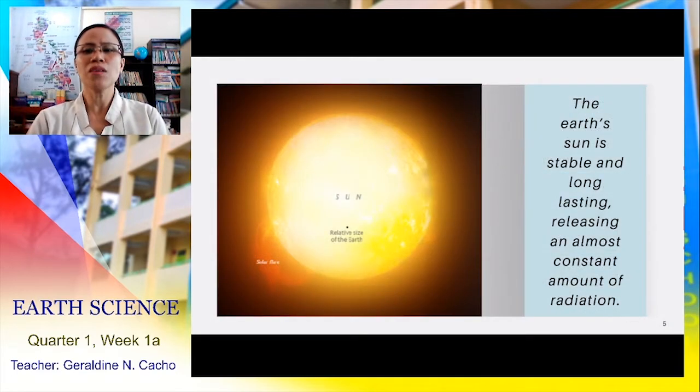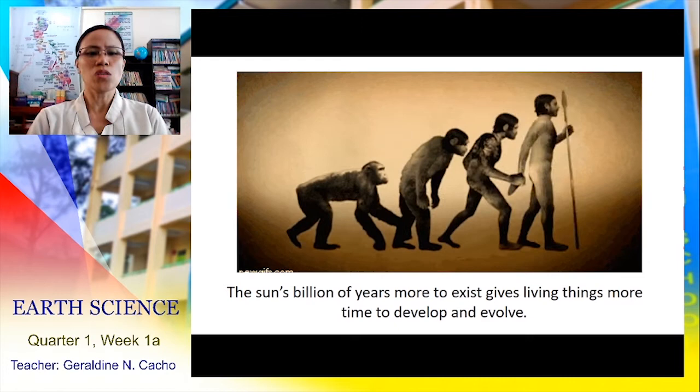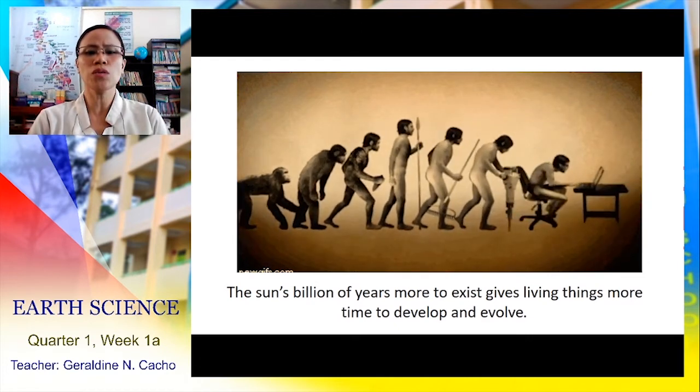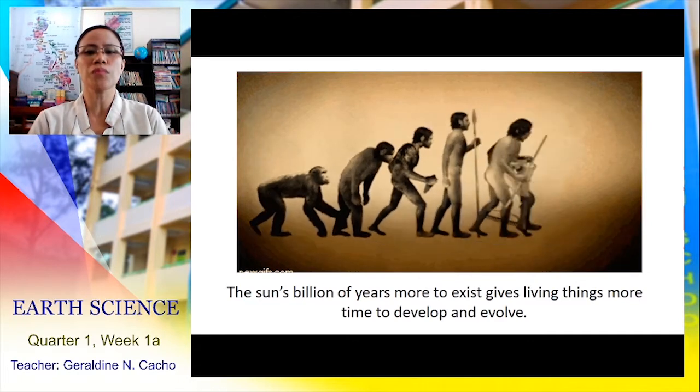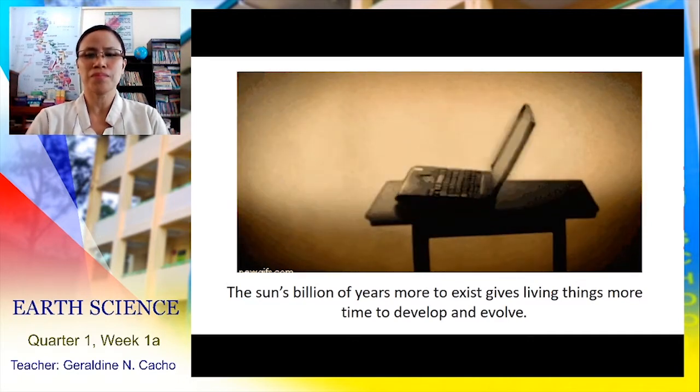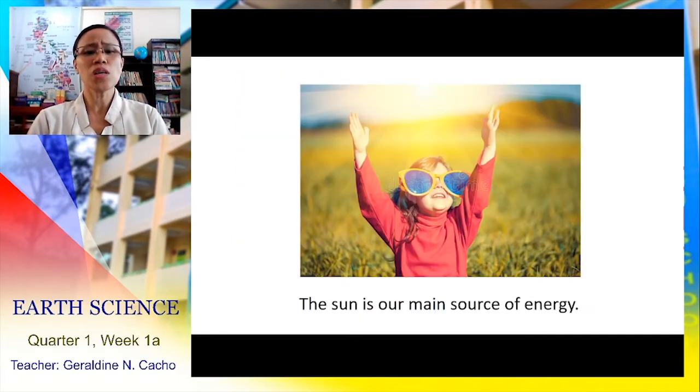We also have a sun, a stable and long-lasting sun, and it is releasing an almost constant amount of radiation. The sun's billions of years more to exist gives living things more time to develop and evolve. The sun is also our main source of energy.